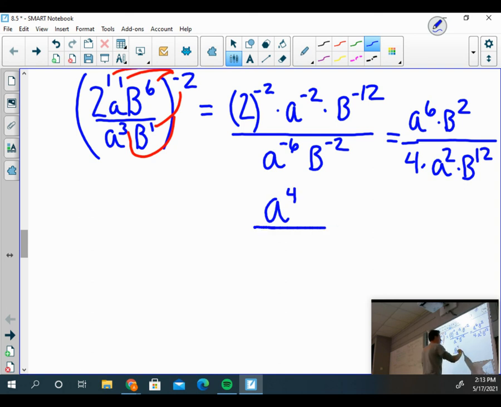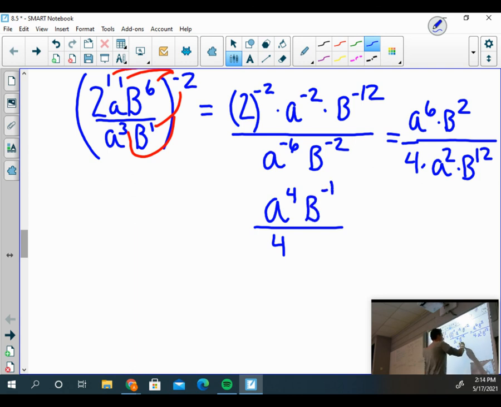And we're not really messing with this 4 that came from the 2 squared right now. When you do subtraction, automatically you will put your result in the numerator. So I do A to the 6th over A to the 2nd, subtract those, and I get A to the 4th. That will go in the numerator. When I do B to the 2nd over B to the 12th, 2 minus 12, I get -10.